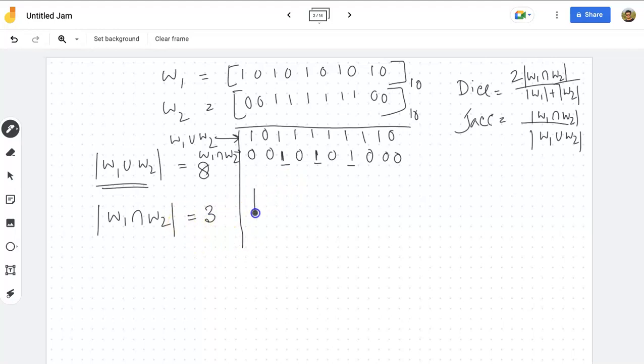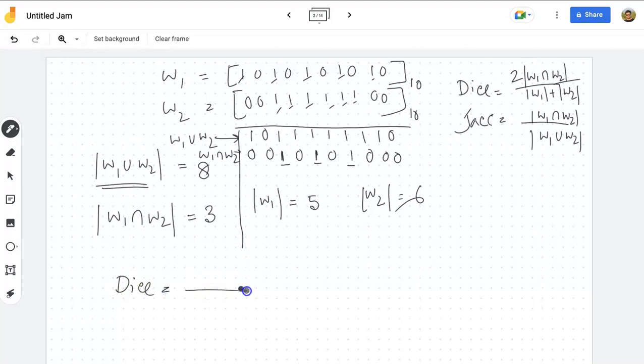Similarly, among these 10 dimensions, how many are 1 in W1? 1, 2, 3, 4, 5, so it is 5. For W2, it is 1, 2, 3, 4, 5, 6, so it is 6. Now just plug in the values.